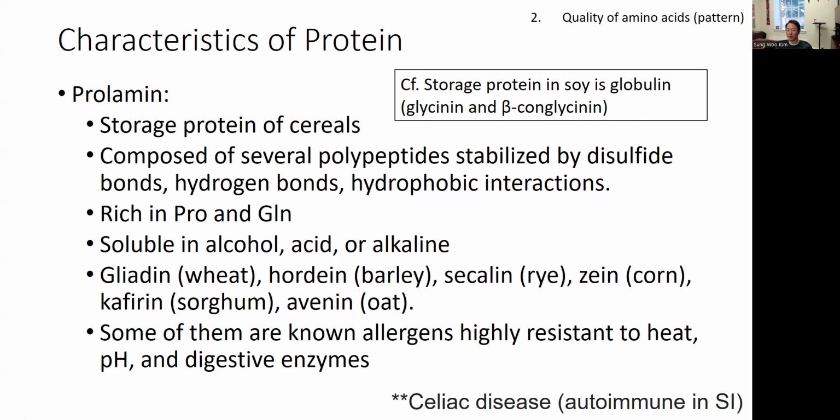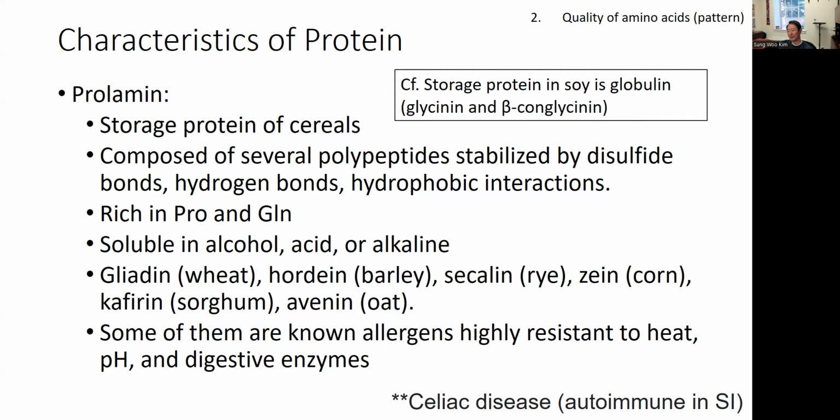It is very hard to disrupt or remove the wheat prolamine called gluten. Right? It's strong against heat, strong against low pH or high pH, poorly digestible, resistant to digestive enzymes.